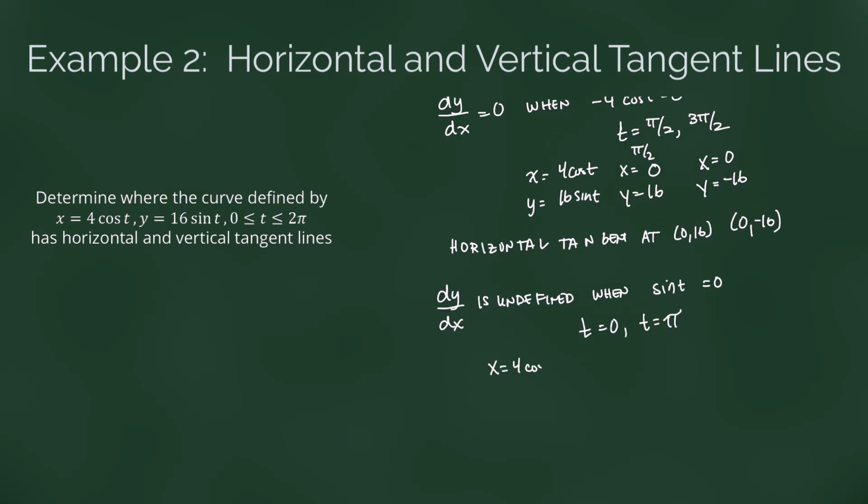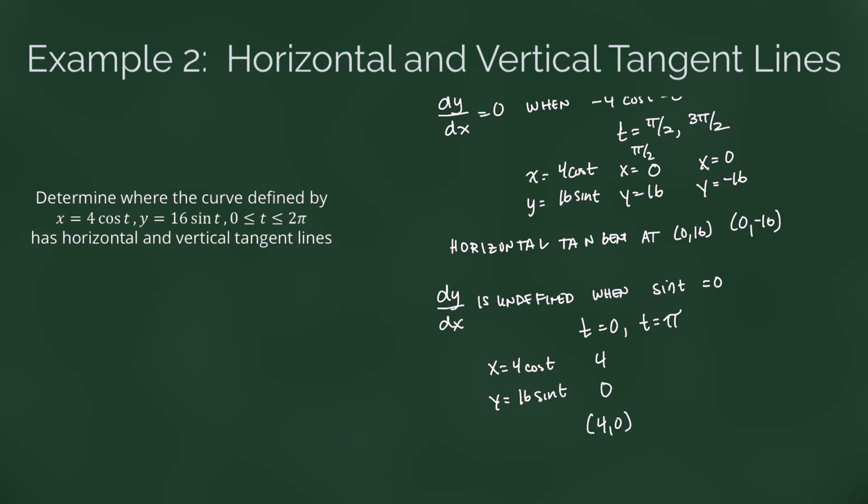Again, we're looking at x is 4 times the cosine of t and y is 16 times the sine of t. So when t equals 0, we get x is 4 and y is 0. So we have one horizontal tangent at the point 4, 0.